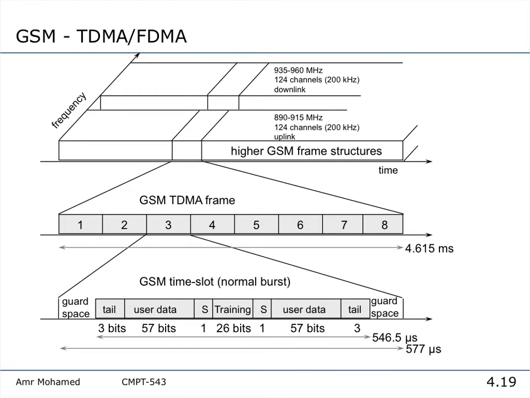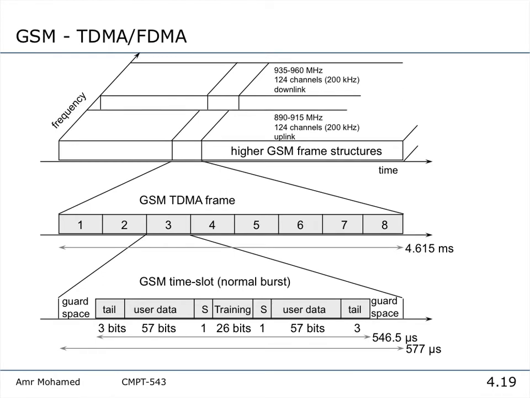Each channel is divided into 8 time slots, and a user gets 1 time slot in one channel. This means that one cell can accommodate up to how many users? 80 users.